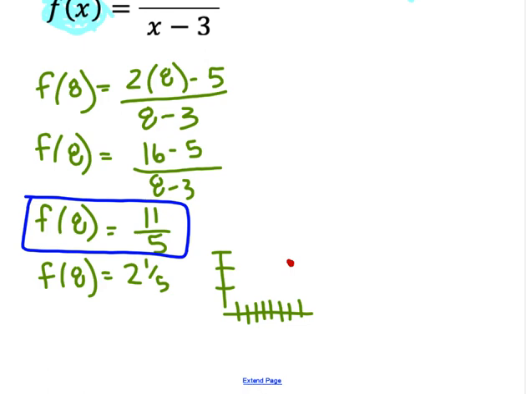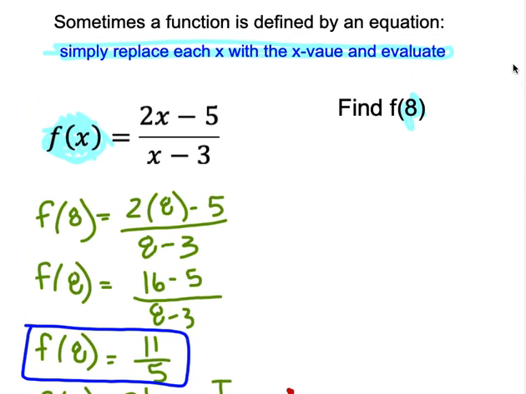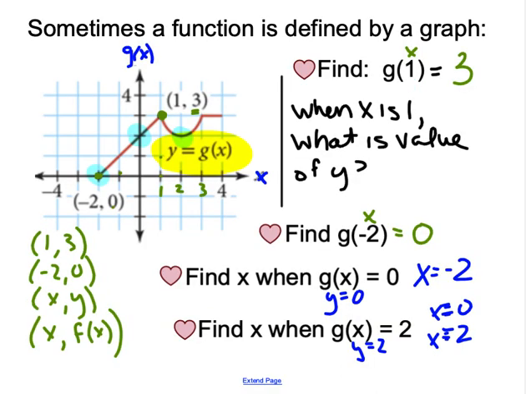So that would be your answer there. That is how you handle when the function is given to you in an equation form. And then back here is how you handle when a function is given to you visually with a graph.